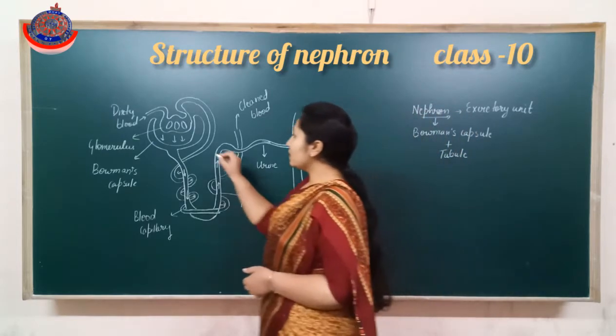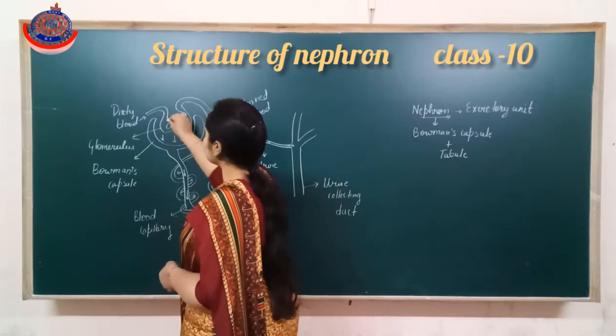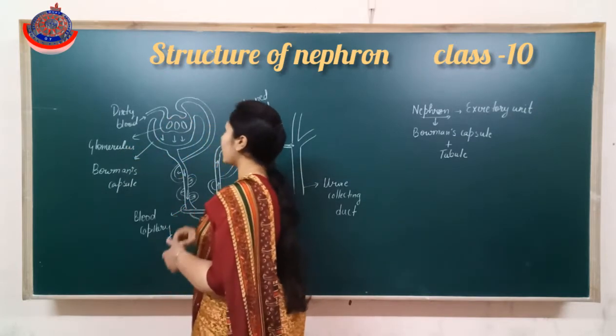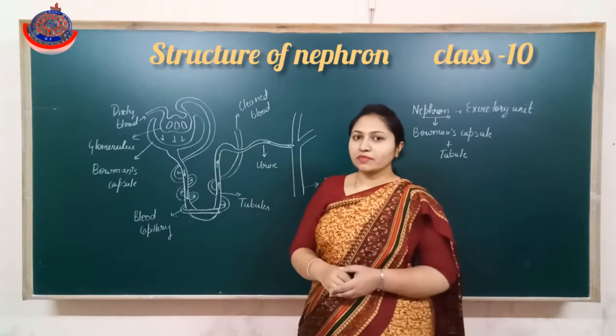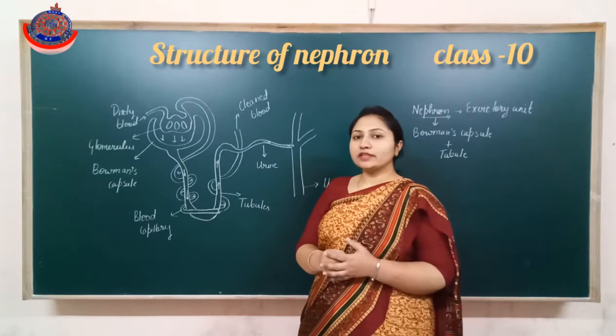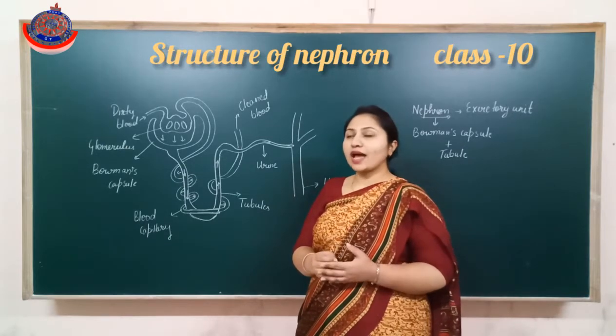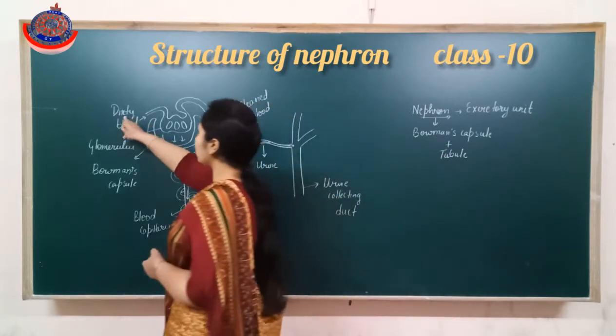Now in the Bowman's capsule, a tuft of capillaries is present, and these capillaries are known as the glomerulus. What is the function of the glomerulus? It filters the blood. It filters the dirty blood which enters from the renal artery.